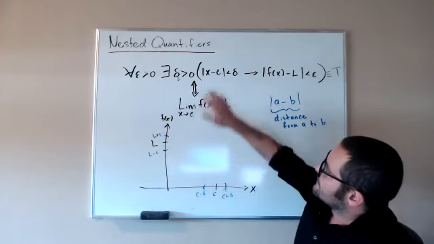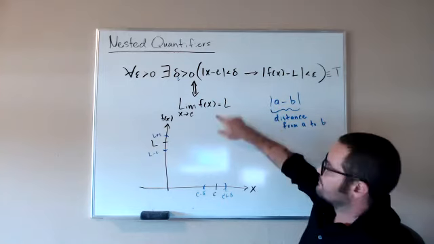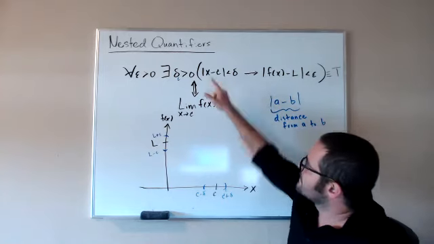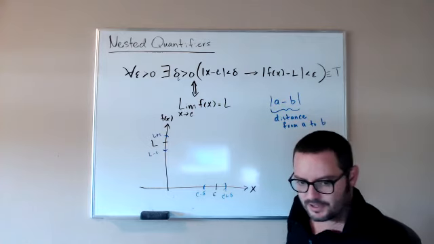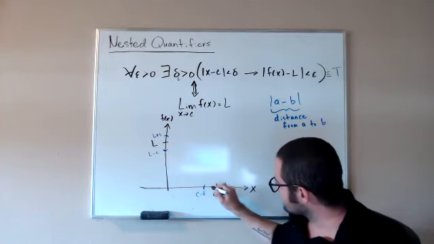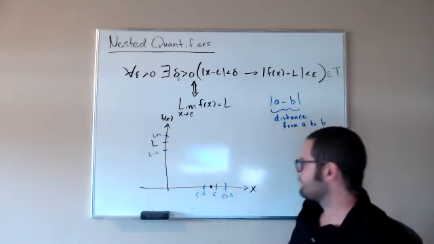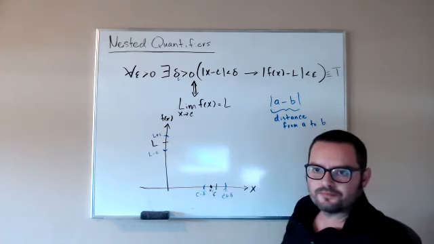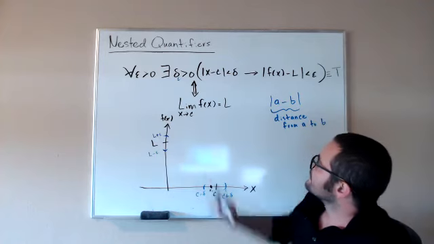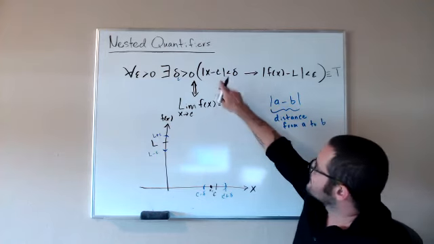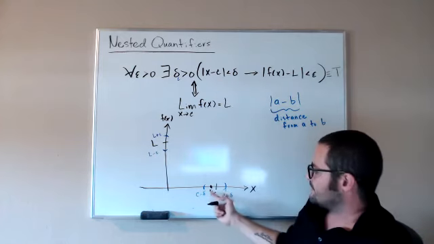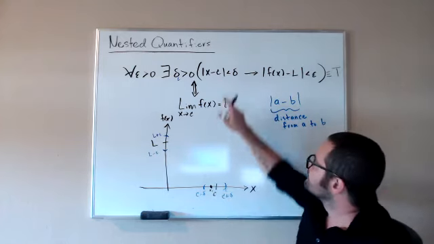This conditional has to always be true if we're assuming that this holds for the function. So let's pick an x in here, right here. I'll call that x1. It's in there, so x1 satisfies the hypothesis of this conditional. Its distance to c is less than delta.